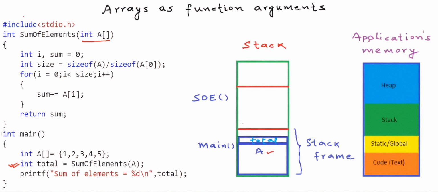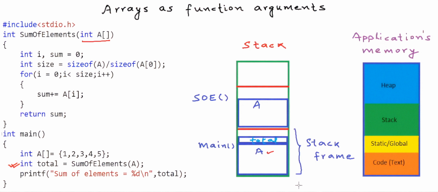So ideally we should have one more A local to the function sum of elements, and the value of A should be copied into this parameter A. So we would have another array named A taking 20 bytes in the stack frame of sum of elements, with the same elements as the array A in the calling function main.